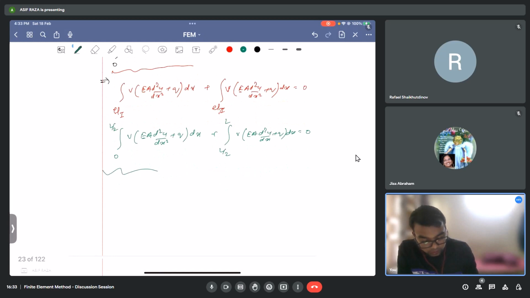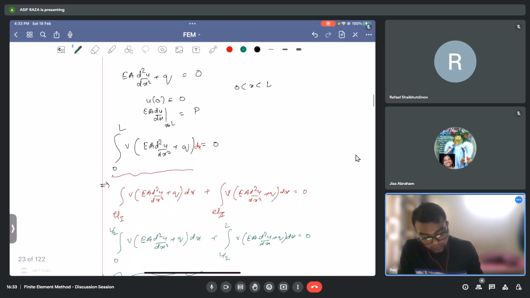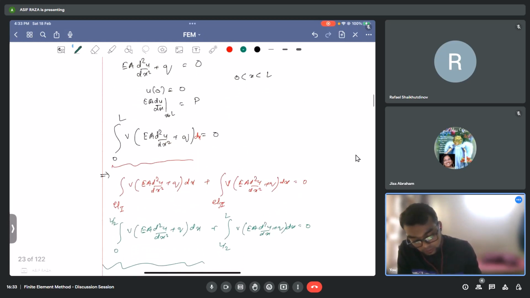Now, as a whole, when we solve for this, we get some Kd equal to f, right? This is when we take it in a global sense.